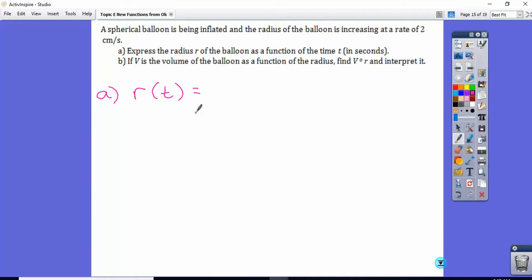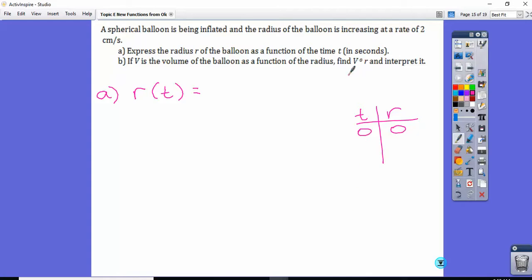Any ideas? Let's think about this for a second. At time 0, before you start inflating this, what is the radius of your balloon? 0. You haven't put any air in it, its radius is 0.